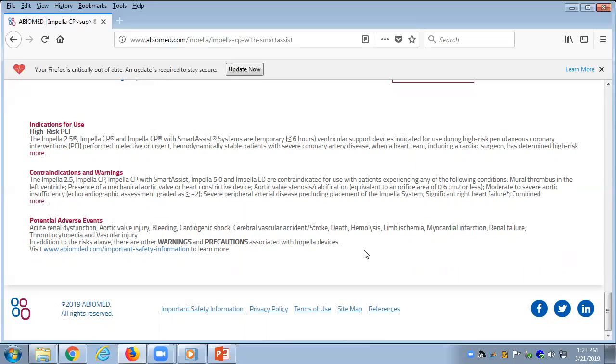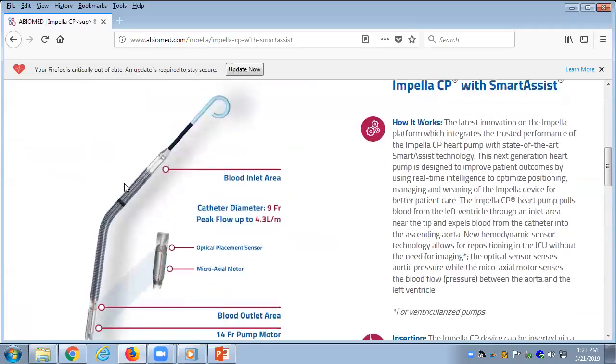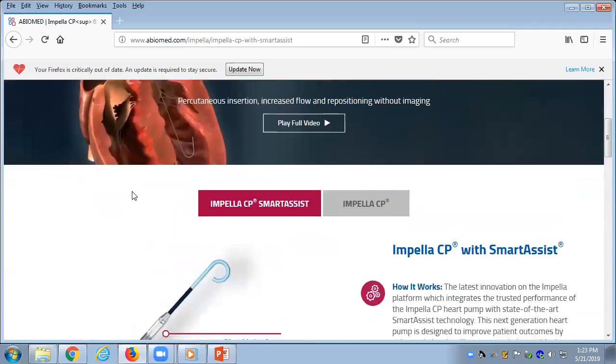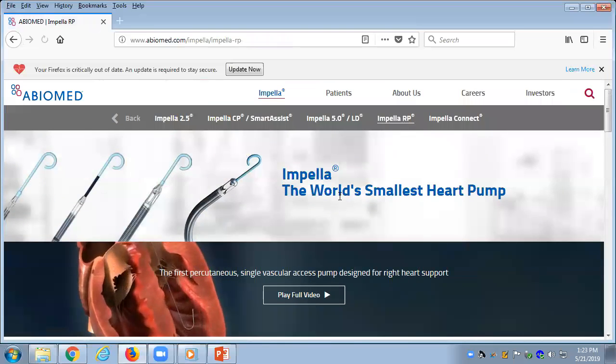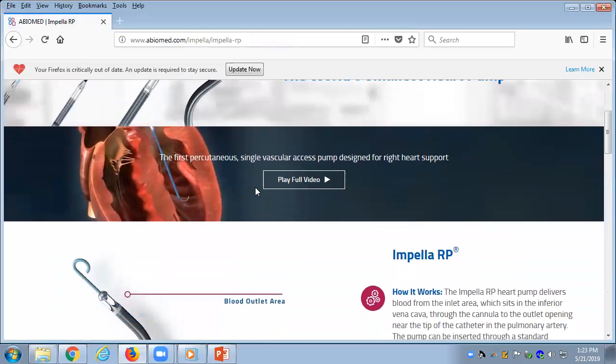Cardiogenic shock, stroke, death, hemolysis, limb ischemia, infarction. That's pretty much generally it. If we're putting this in, we're not putting these in everybody. This is somebody who's sick, who absolutely needs support, who's going to die. But just the fact of the technology itself, and we have the RP here.